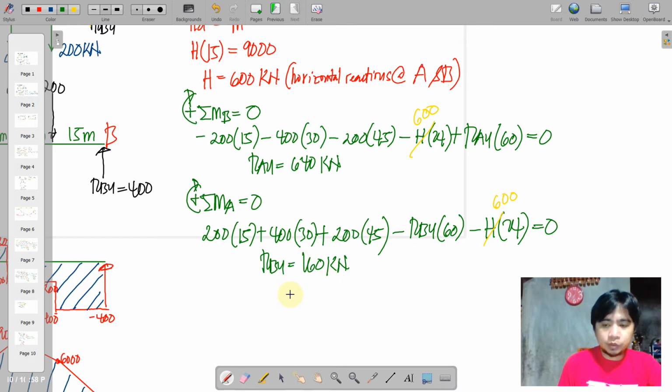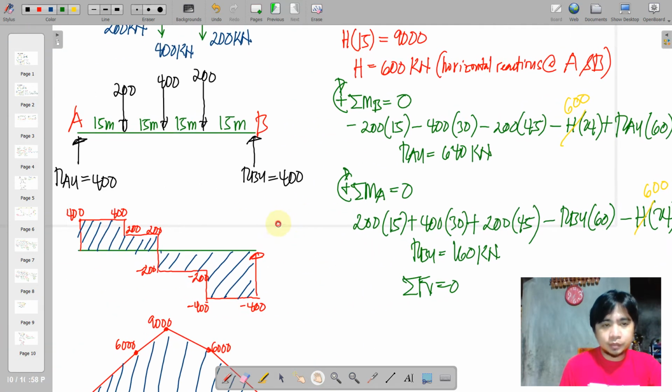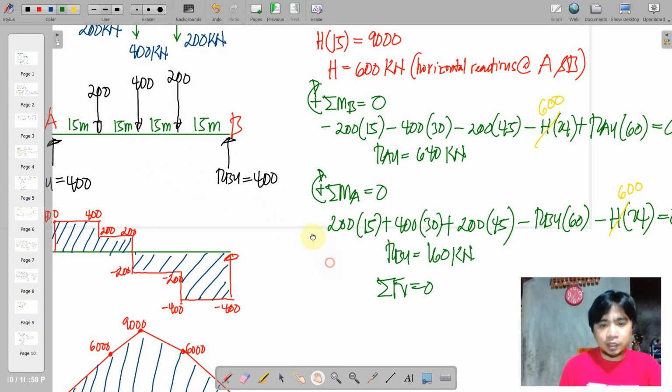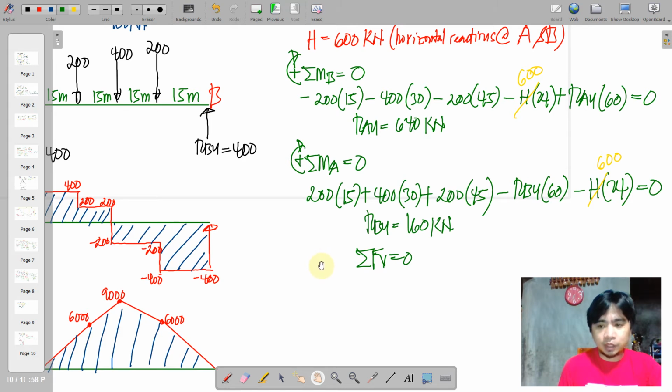So if we are going to check our reaction using the equilibrium equation along the vertical, we just have to check this. Okay, so all in all we have 200 plus 400 plus 200, that is going downwards, 800. So that will be denoted by negative. We add this upwards 640 and this 160, so it will really yield to 0.